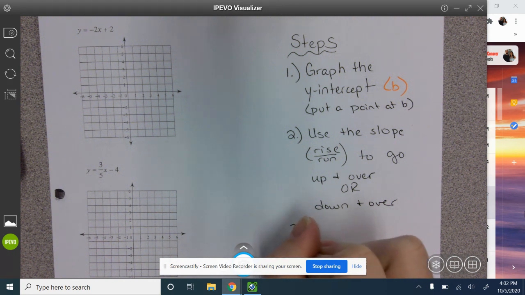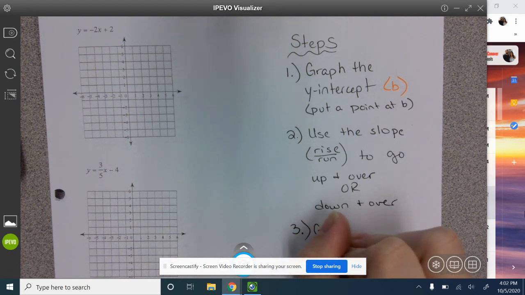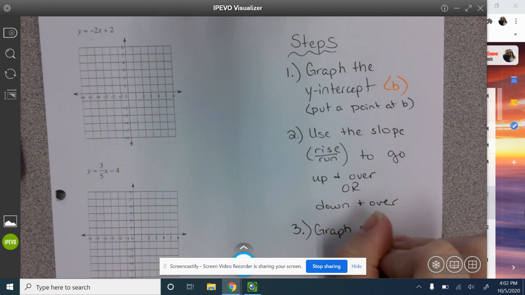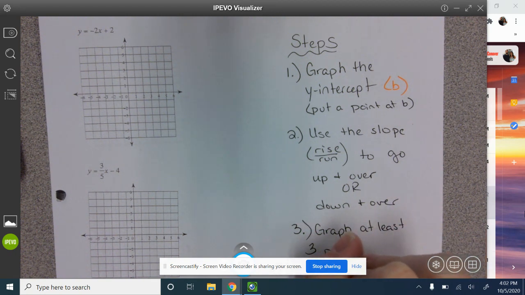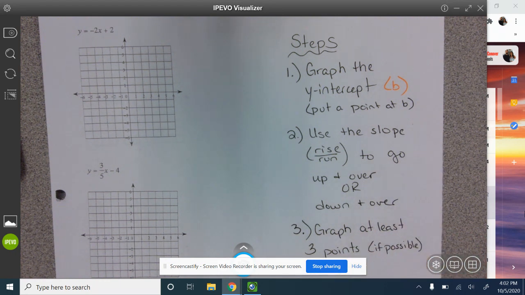And then step 3, I want you to graph at least 3 points, if it's possible. Sometimes you'll run out of graphing space.